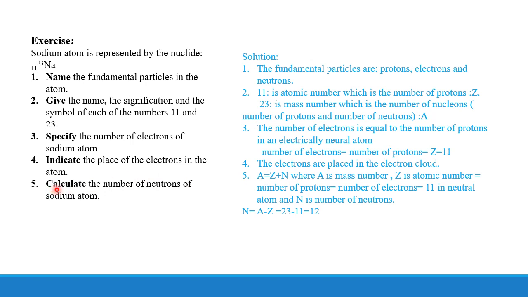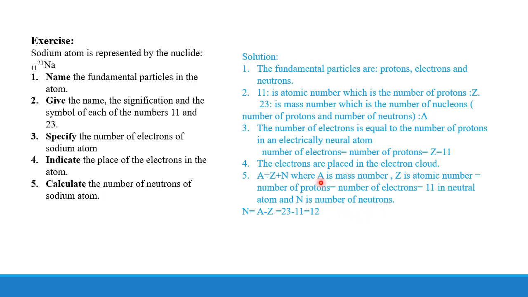5. Calculate the number of neutrons of sodium atom. Calculate means with calculation, using the rule A equals Z plus N, where A is mass number, Z is atomic number, equal number of protons, equal number of electrons, equal 11 in a neutral atom, and N is the number of neutrons.